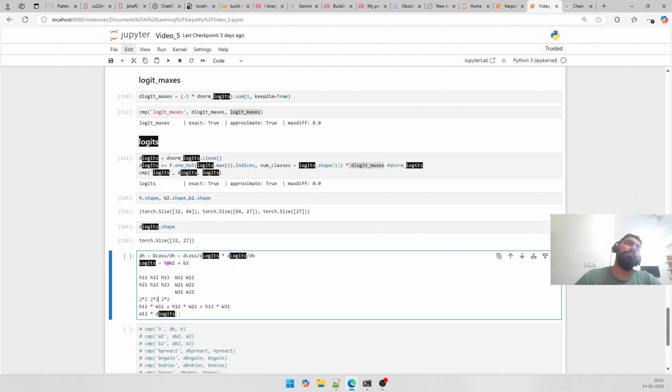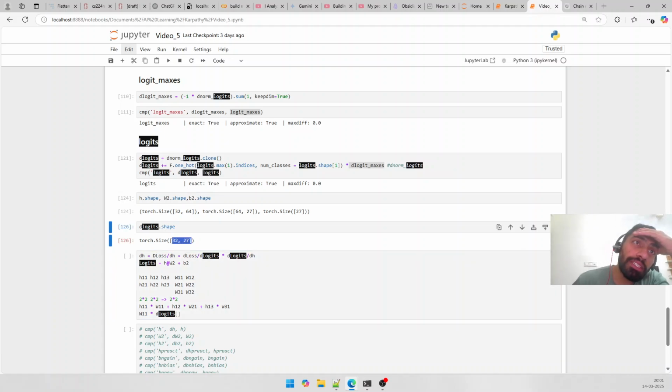But the problem is the output, the logits that we are looking, sorry, the h, with respect to whom we are seeking, they have a pretty different shape. Okay, let's see. I don't see a way out here.